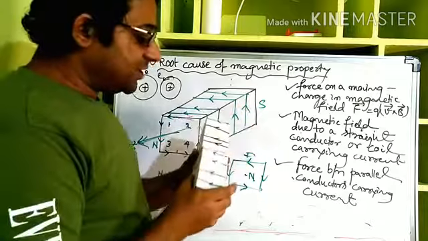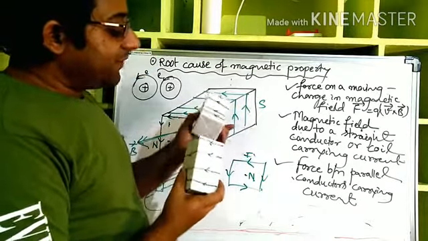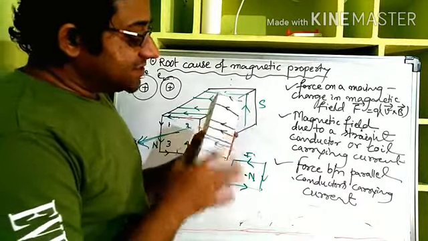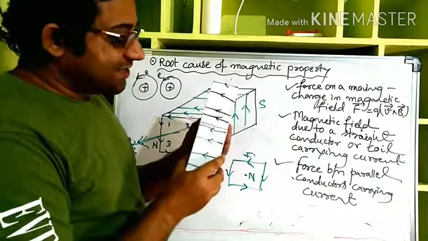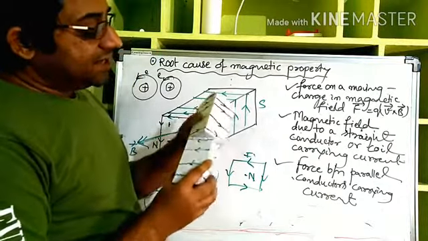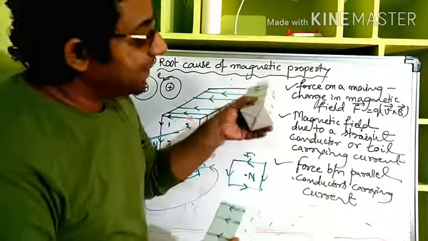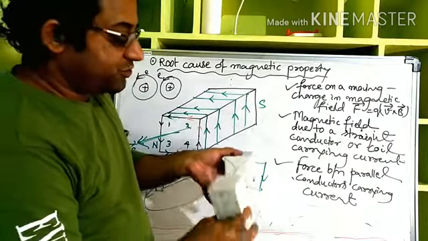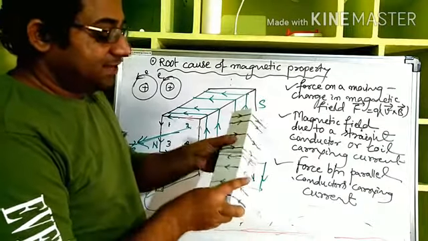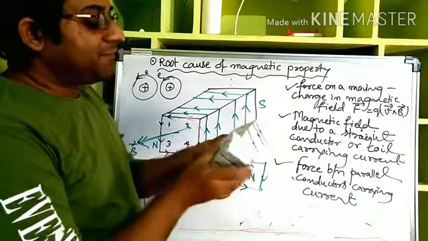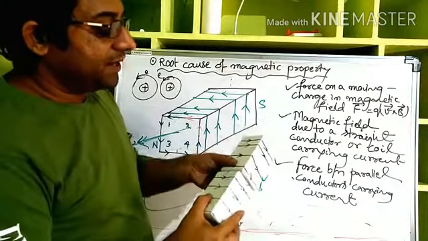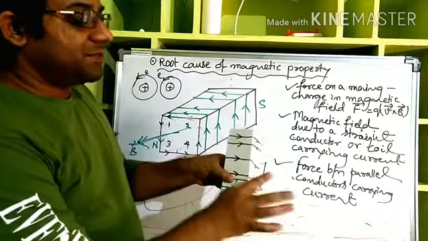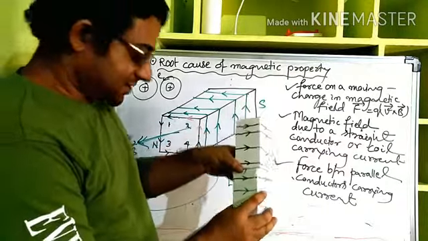Actually what is happening is, only when the currents are in the same direction, they attract each other, and if the currents are in opposite directions, they repel each other. So if the same poles are brought closer, they repel each other. And if you bring north to south, the currents become the same direction, that's why they attract each other.